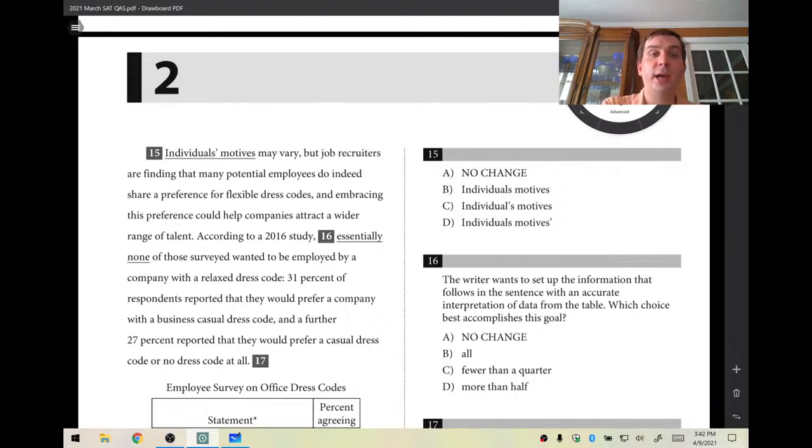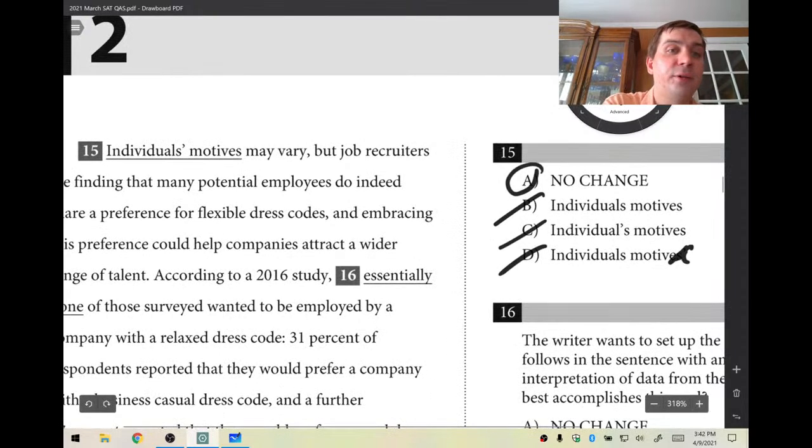So yes, we did have multiple individuals, and yes, they were possessive of the many motives, which is a no change. Answer choice C would be one individual possessing multiple motives, and answer choice B and D, there's no possession for individuals. Even if there's possession for motives, it shouldn't be there. Those ones are out. So we're talking about many individuals and their motives. So we put the apostrophe after the S. That's how it works.